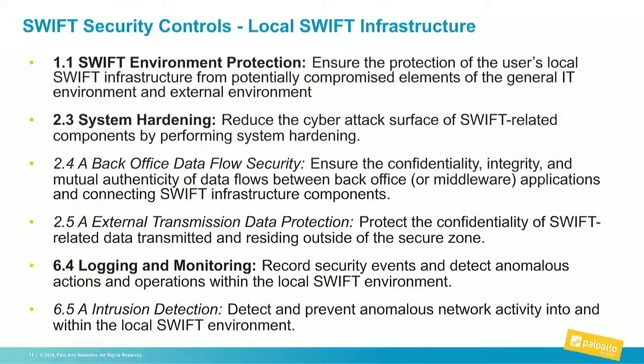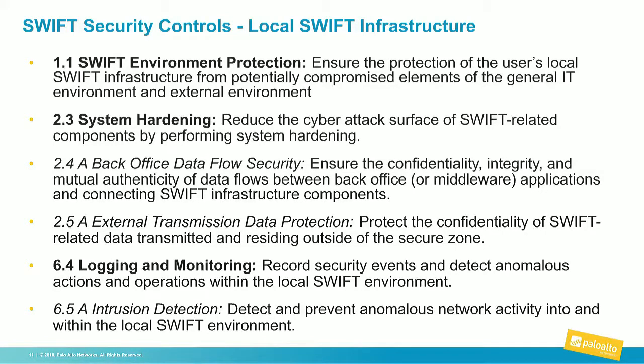Okay, so before we dive into this, I just want to point out a couple of things about the convention that I'm using here. The mandatory controls are highlighted in boldface text. So for example, 1.1 is a mandatory control, and advisory controls are italicized, and for example, 2.4a is an advisory control. And that numbering and naming convention is, in fact, SWIFT's.